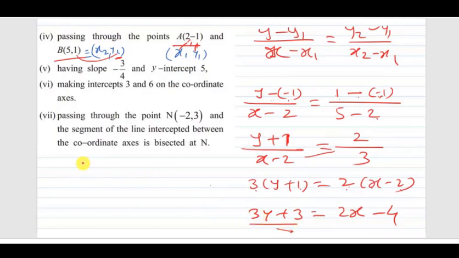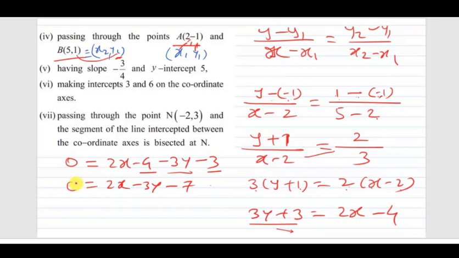What I will get: 0 equals 2x minus 4 minus 3y minus 3. So what I will get: 2x minus 3y minus 4 minus 3, it will be minus 7. Just switch left hand side and right hand side. What I will get: 2x minus 3y minus 7 equals 0.